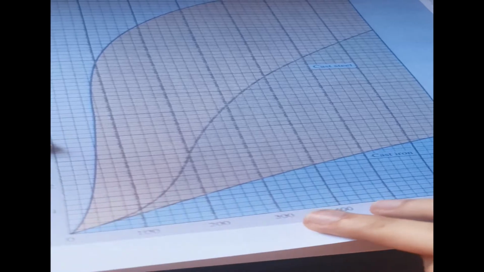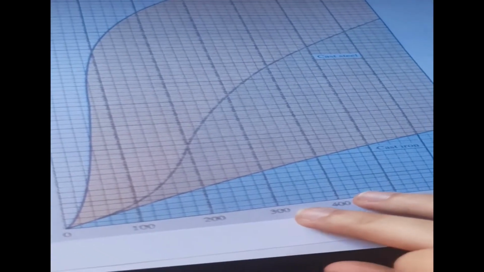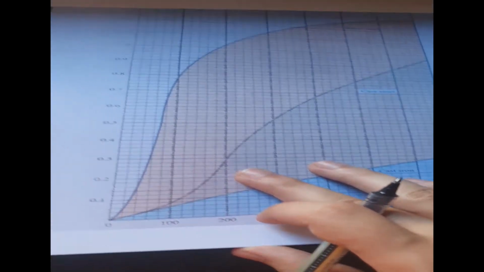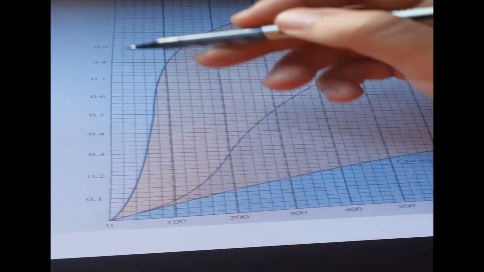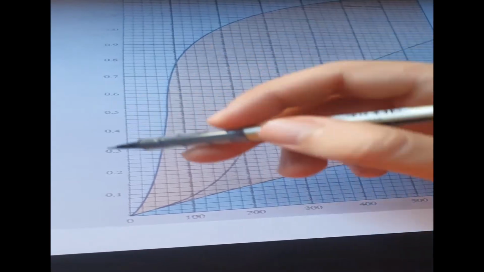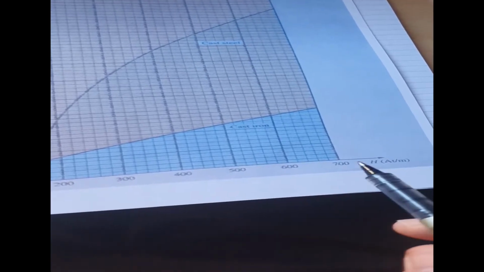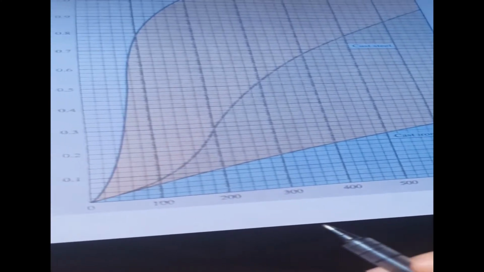Well, as I said, we are going to use the table as well. Because we know the value of the flux density, which is this line here, this is the Tesla. And this one will be the value of the magnetic force, H. All right.